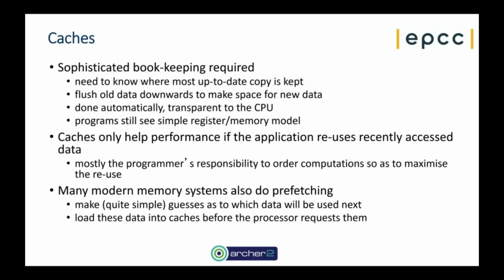There is often extended functionality to allow you to do clever things if you know your data mapping patterns in your application. So there's a thing called prefetching, which is populating the cache with data before you need it. And of course, this can be really beneficial because if that can happen whilst other work's going on, then you can effectively use your data in the cache without having to wait for it to come from main memory at all.